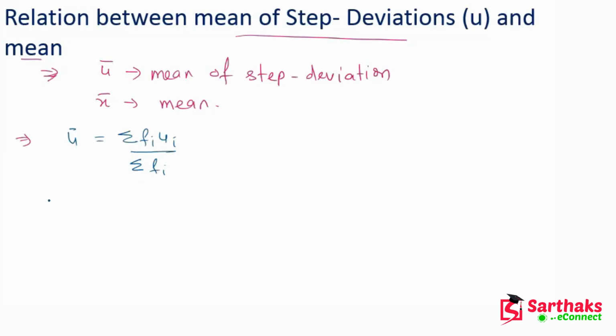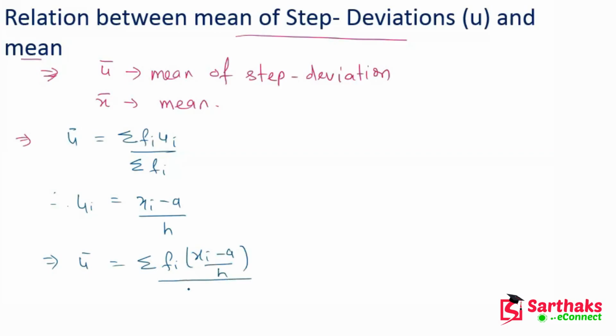And since we know that ui is equal to xi minus a divided by h, which we already saw in the previous slides, this will become u bar is equal to summation of fi into (xi minus a) upon h, divided by summation of fi.